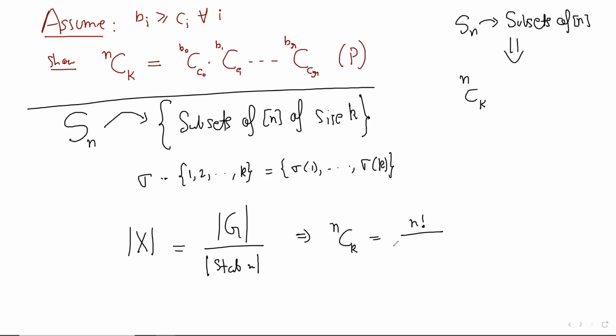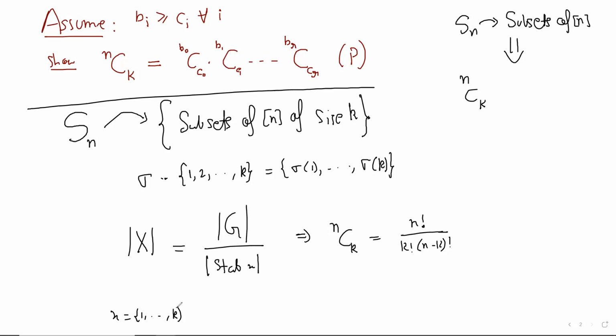The stabilizer of the set will be those permutations. Take x to be this, 1 to k. Can anyone explain?